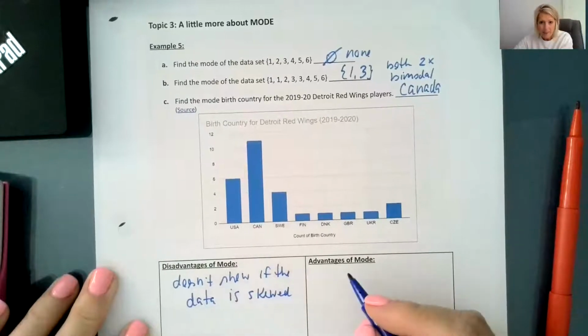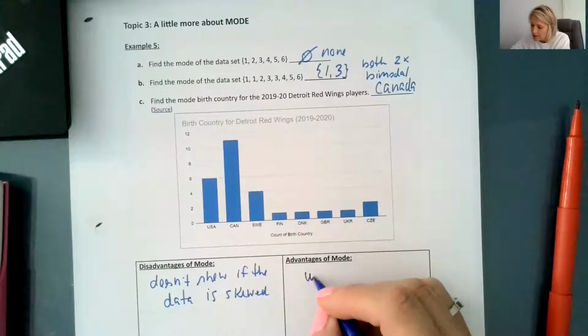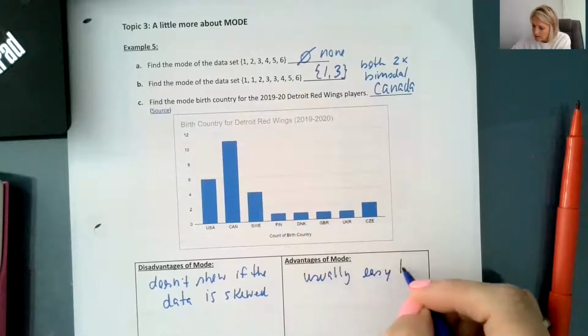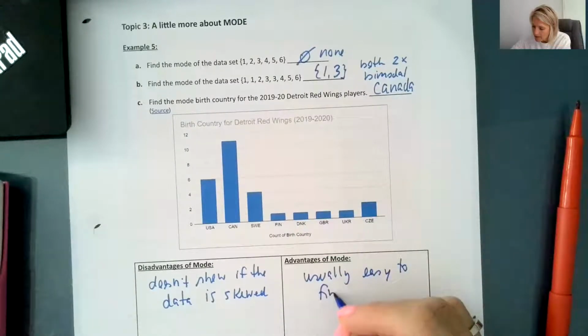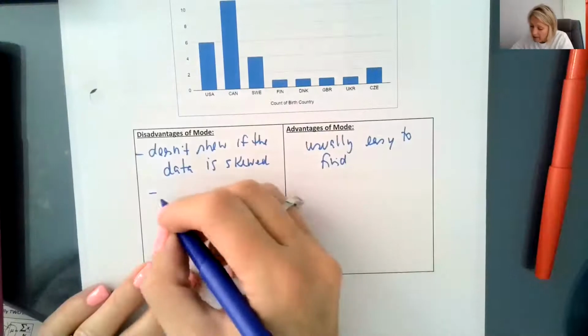An advantage is it's usually easy to find. One disadvantage is you have to do it by hand. So that's one disadvantage with a large data set.